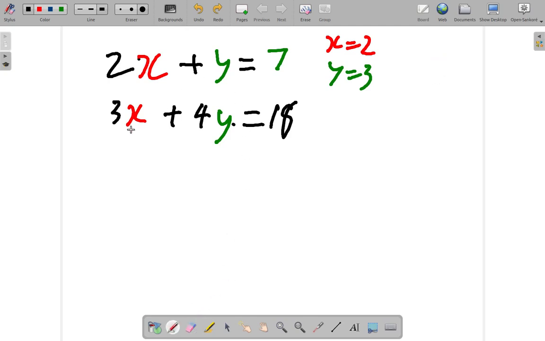Now let's rewrite them using the numbers instead of x and y. So now you have 2 times 2 plus 3 is equal to 7. 2 2's are 4, 4 and 3 is 7. Okay, good. This works out.